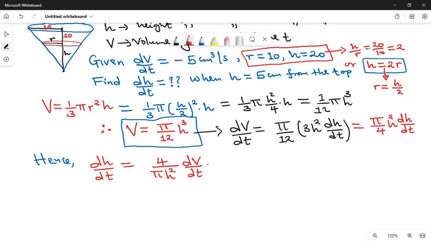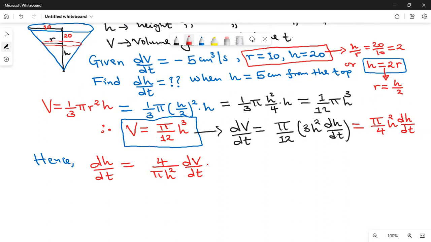Now, h is measured from the water surface to the vertex of the cone. But look at what we are given. We are told to find dh/dt when h is 5 centimeters from the top. So then, what is the distance from the water surface to the vertex if it is 5 centimeters from the top to the water surface?